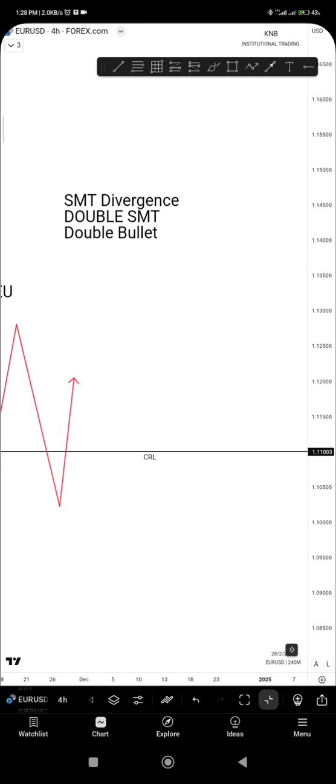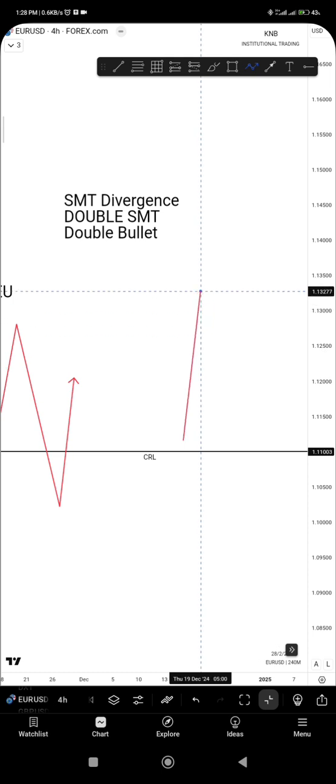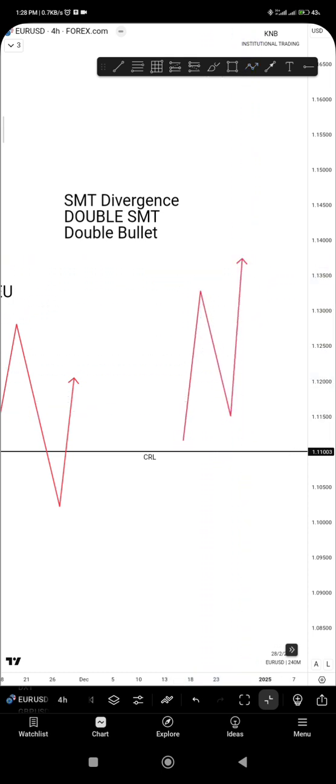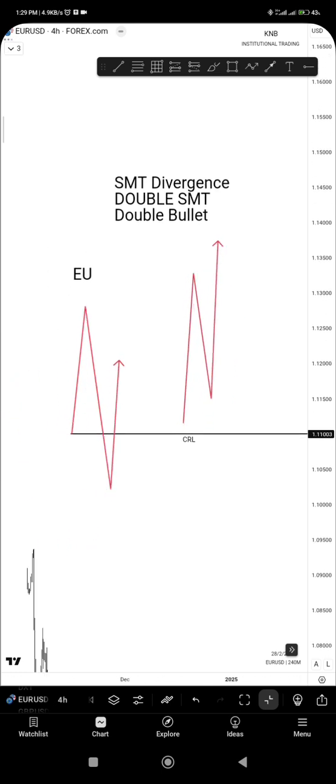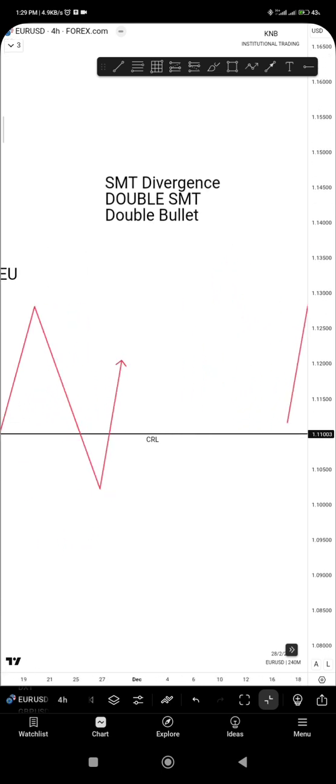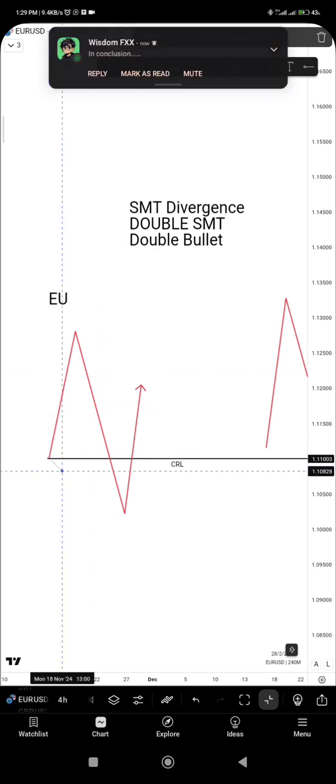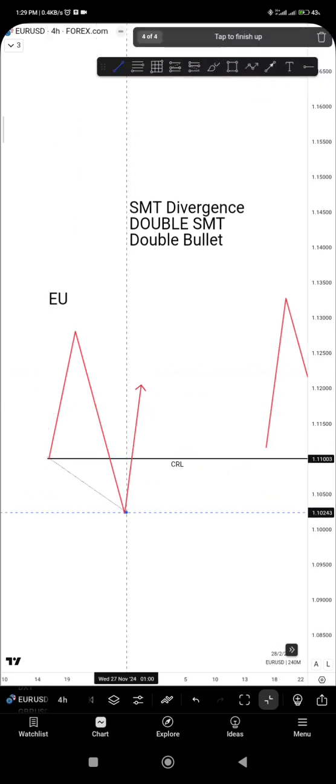All right, so on a correlated asset, that's like GU, instead of price sweeping that liquidity, price comes this way, then it moves upwards. So this is still a sweep of liquidity. This right here is a sweep of liquidity.